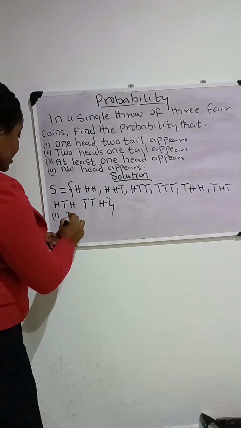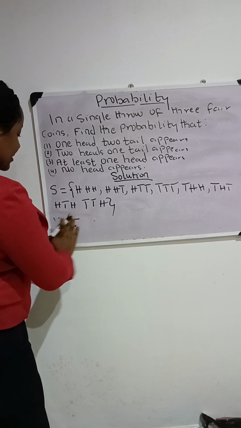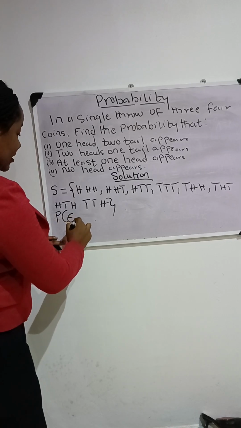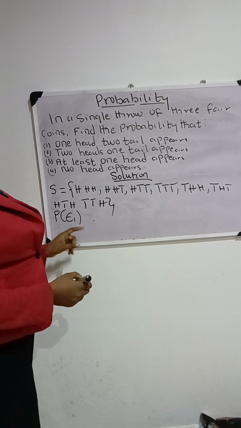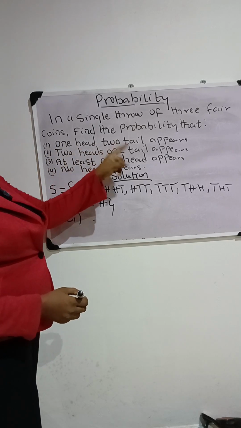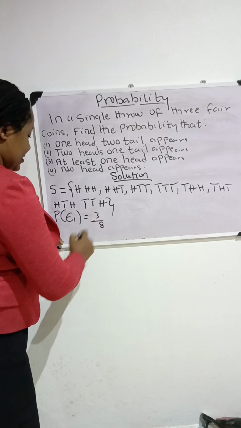So this is going to be 3 all over 8. Let me write it formally: the probability of E1, where E1 represents the event one head, two tail, is equal to 3 all over 8.